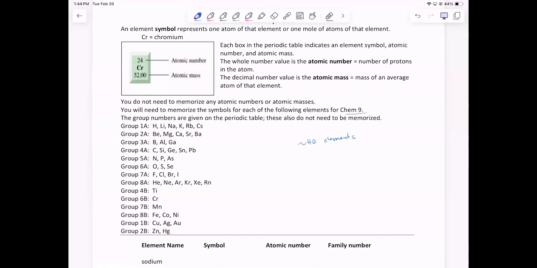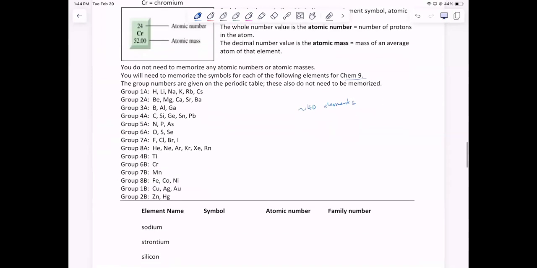Like everything in this first column on the left, they're all very reactive metals. So it's a chemical family. They react the same and kind of look the same, but like a human family, they're similar but not all exactly the same. So these elements are similar in how they will react, but not completely the same.